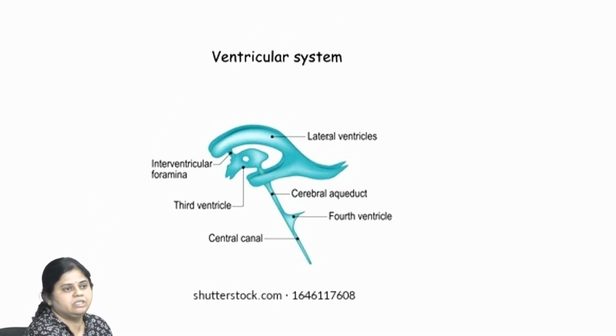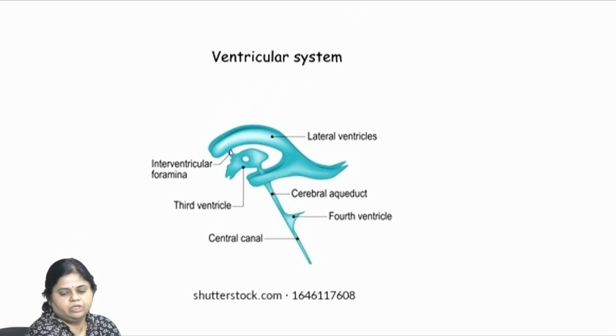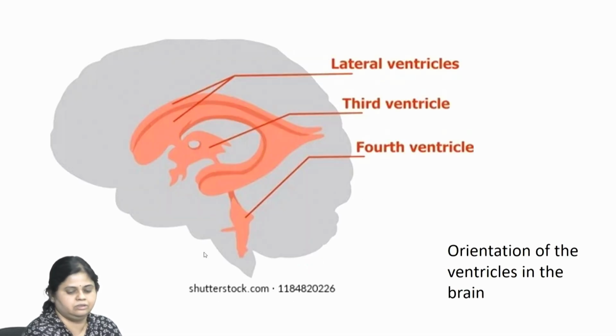These lateral ventricles are the largest ventricles in the brain, present mainly in the cerebrum, and you see it continuing into another smaller cavity called the third ventricle, which communicates with the lateral ventricle. Can you see a small channel here? That channel which communicates from the lateral to the third ventricle is called the interventricular foramen or the foramen of Monro.